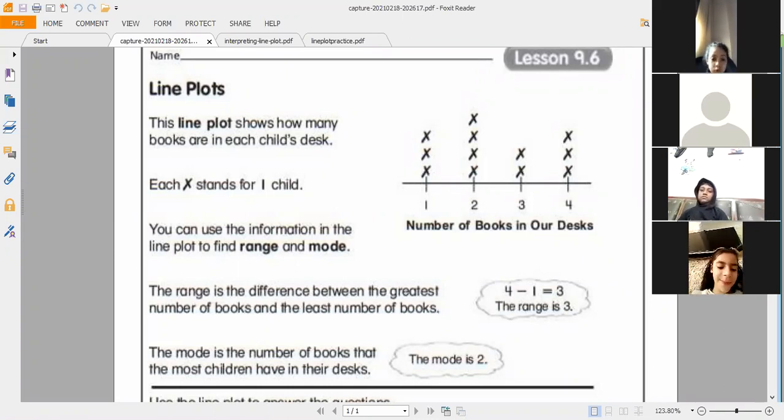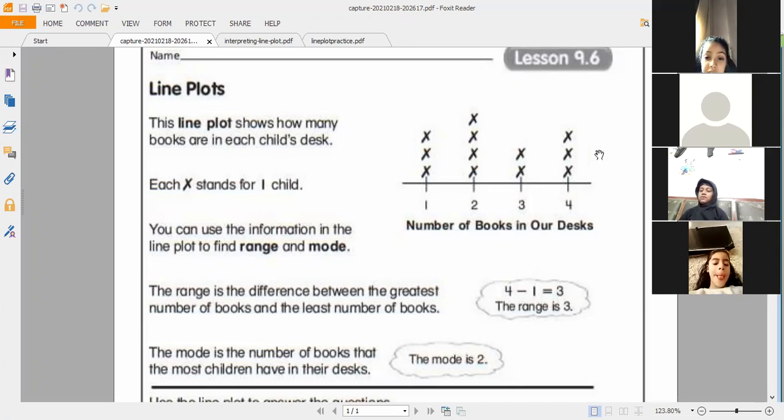Welcome. Miss, yes. Like in this lesson, number 1 is 3 and number 2 is 4 and number 3 is 2 and number 4 is 4.